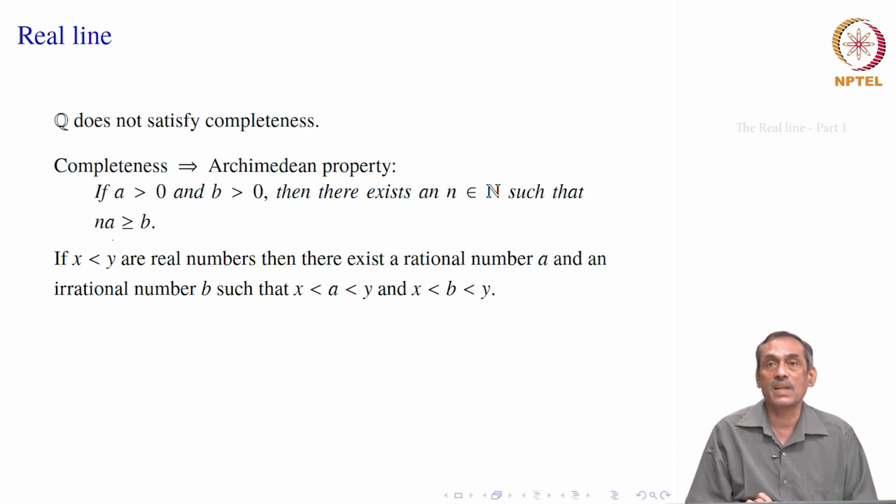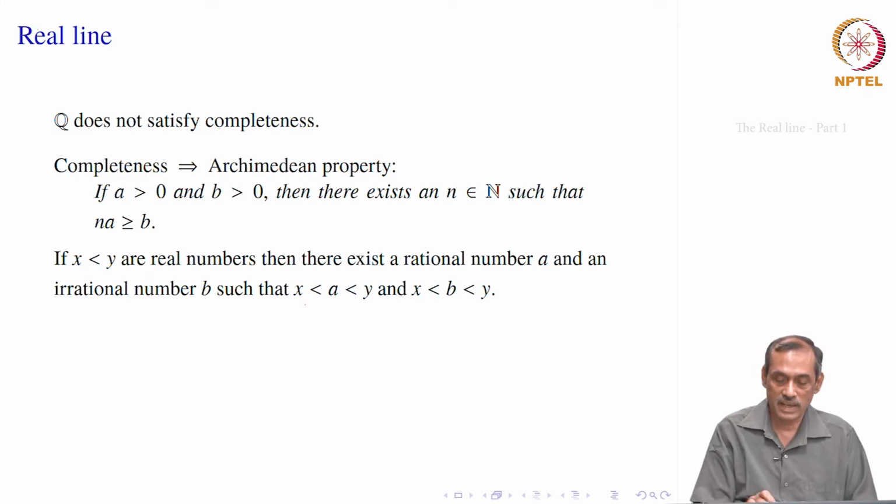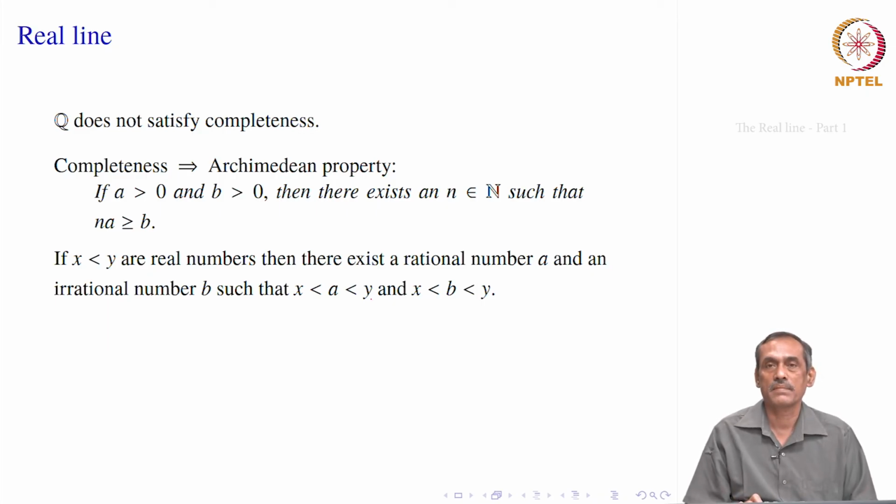It is called the denseness of rationals. Suppose you choose any two real numbers x and y, where x is less than y, then there is always a rational number between them. So, if x and y are real numbers, then there exists a rational number A such that x is less than A less than y.